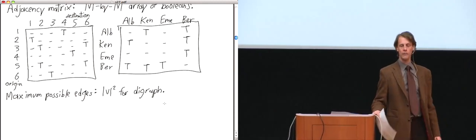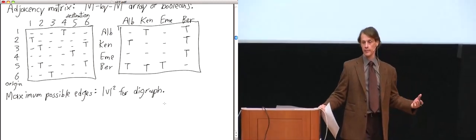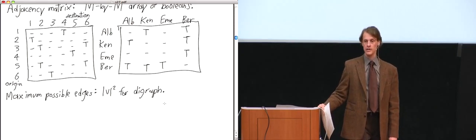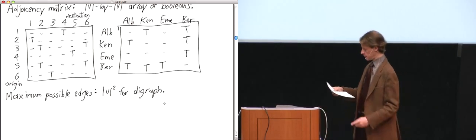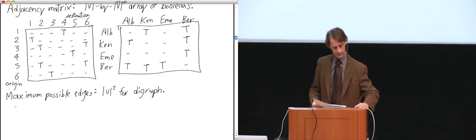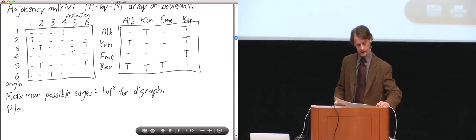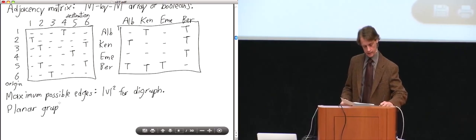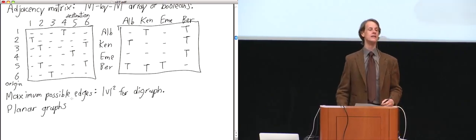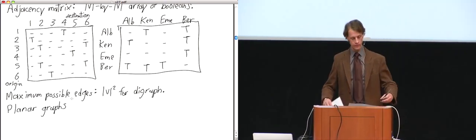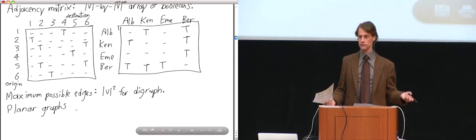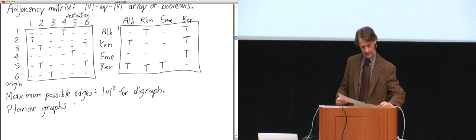But there are many, many graphs that you will use in applications that don't have that many edges. One example is planar graphs. A planar graph is any graph that can be drawn in the plane without edges crossing. And it is possible to prove with some work that if you have a graph in the plane, no edges cross, it can't have v squared edges.